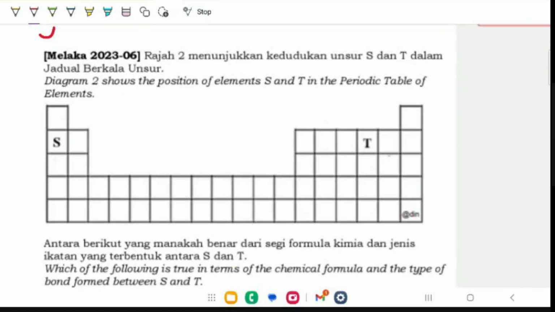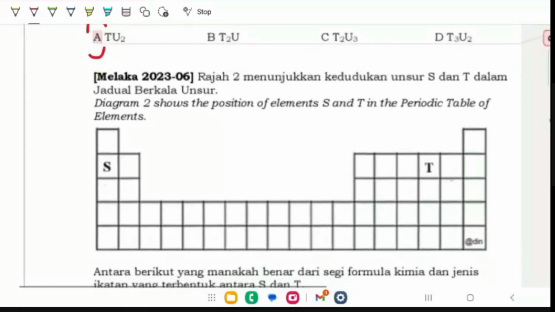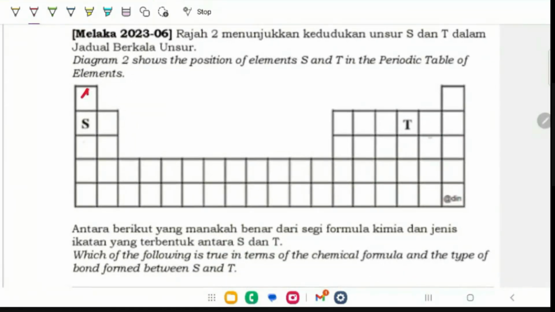Okay, the diagram shows the position of the elements S and T in the periodic table. So S is group 1, right? T is group 16. Okay.